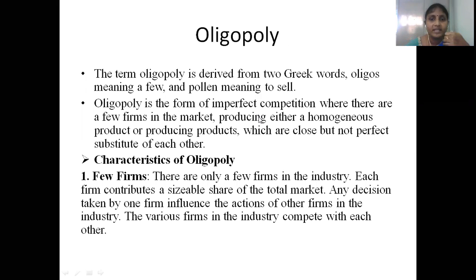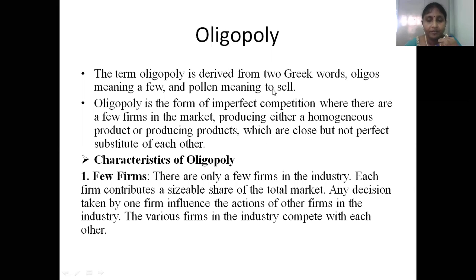Once again, they produce either a homogeneous product or products which are close but not perfect substitutes of each other, so some differentiation is there. If they are selling homogeneous products, it is called perfect oligopoly. If you are not selling perfect substitutes, that means non-homogeneous products, then it is called imperfect oligopoly. So these are the oligopoly types.